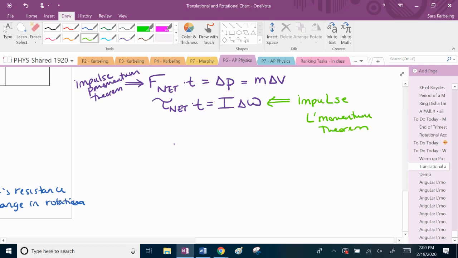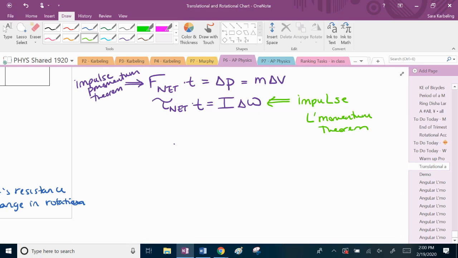It's the rotational version of the impulse momentum theorem. If a net torque is acting over a time, it's going to cause an object to change its angular velocity. That's all we're saying.